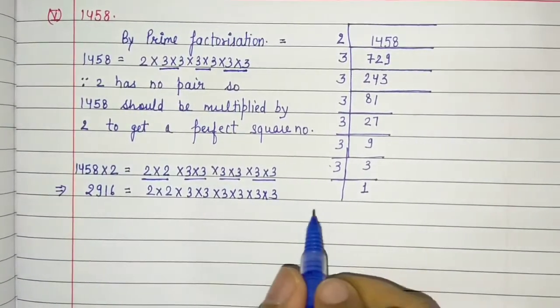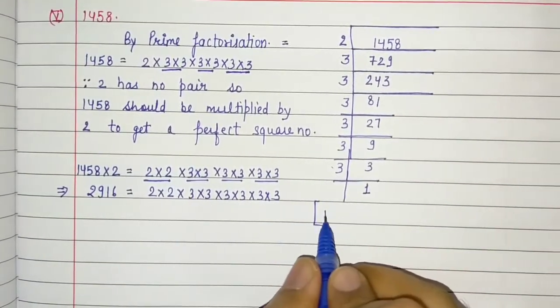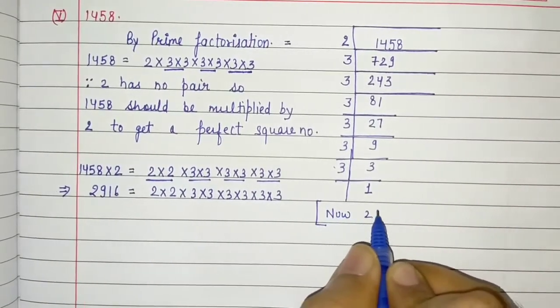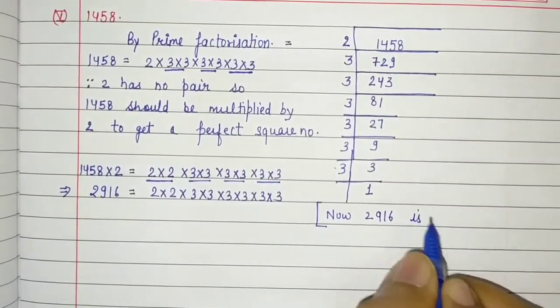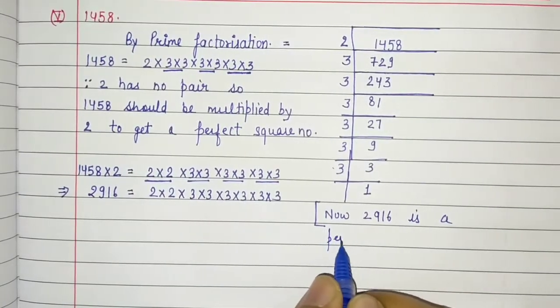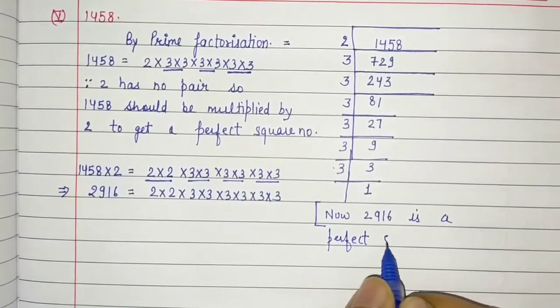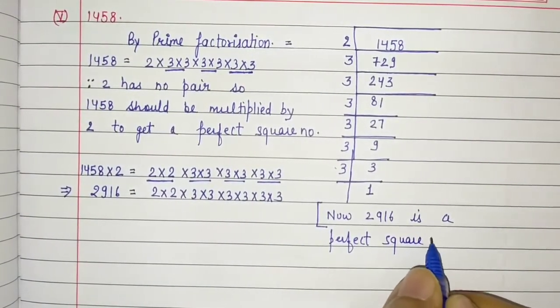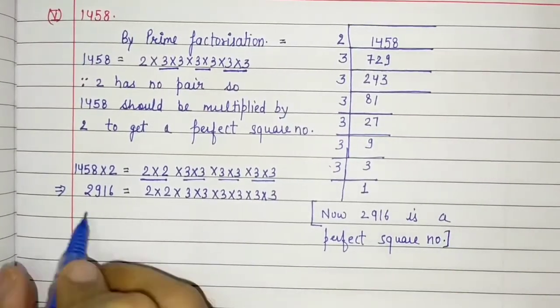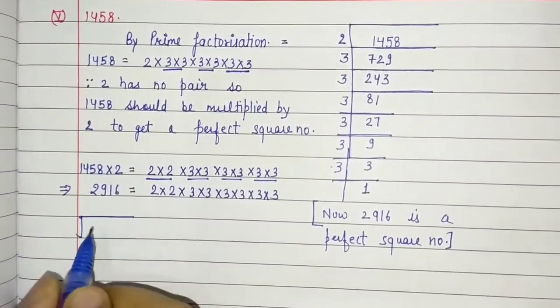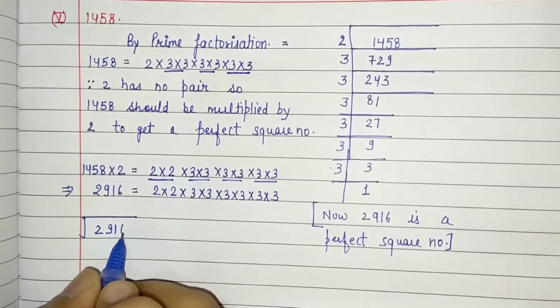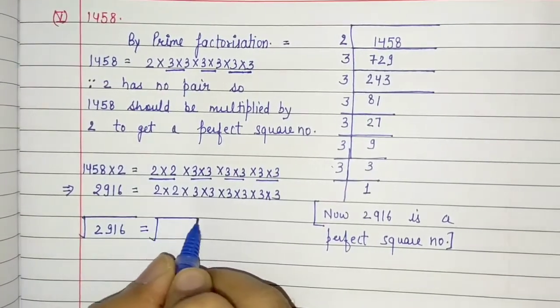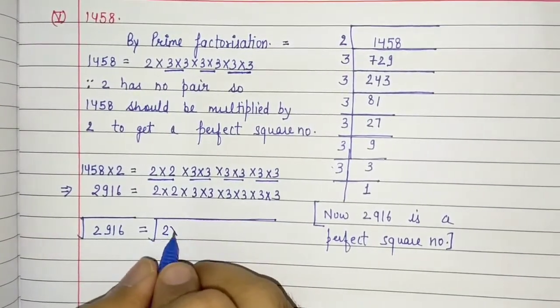Here you can mention now this number is a perfect square number. Now because it is a perfect square number, we have to find the square root of this number, so we will put all these terms in the square root.